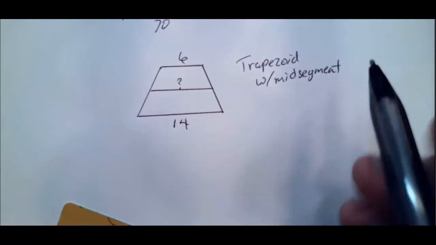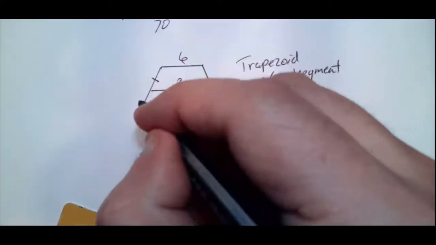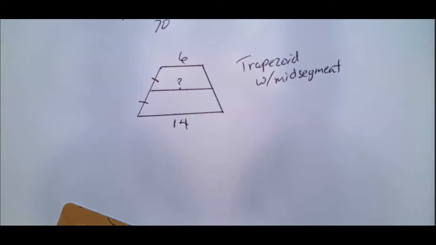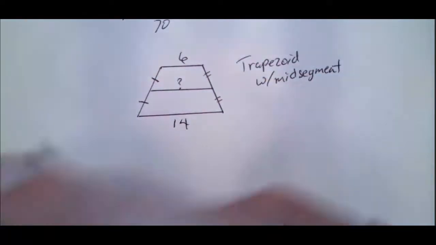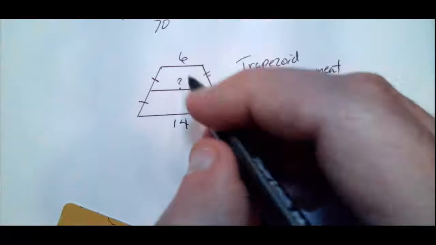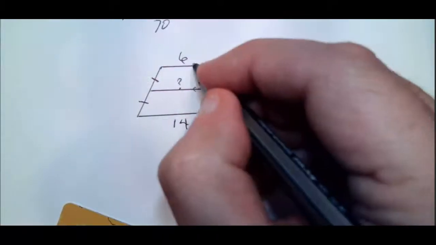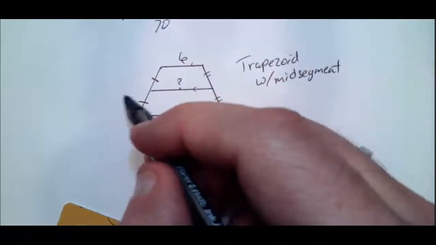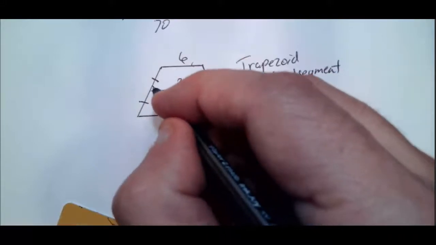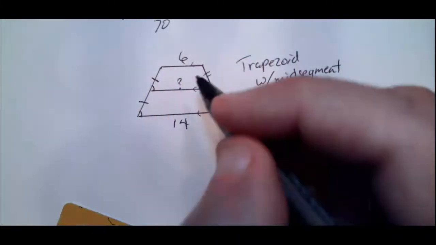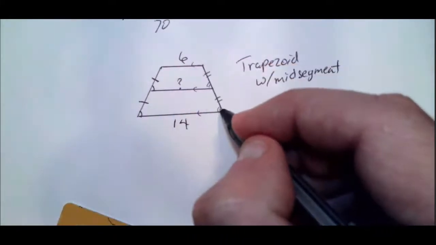So first of all, if you have a mid-segment, these two are going to be congruent, and these two are going to be congruent. And look what we have, parallel lines. Now, if these are parallel, you have parallel lines cut by a transversal, so that angle is the same as that one. This one's the same as this one.